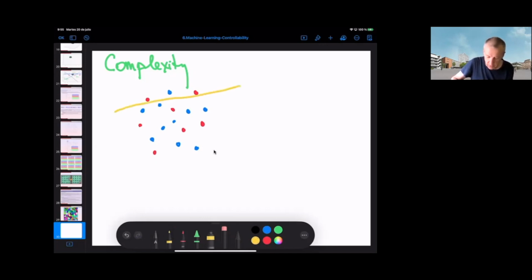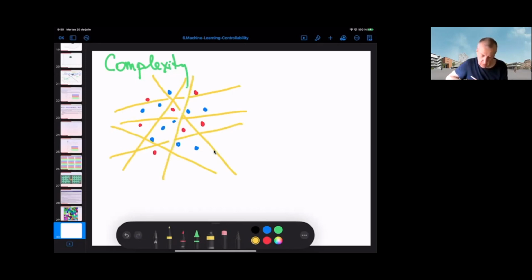Because you see, if you do something like this, and then something like this, and then something like this, and maybe something like this, and then something like this, and then something like this. That's fine, right?